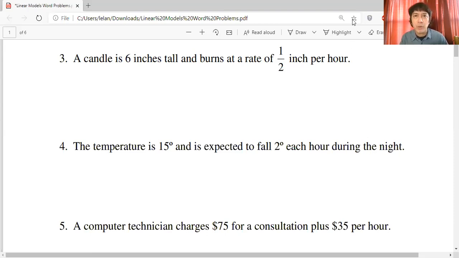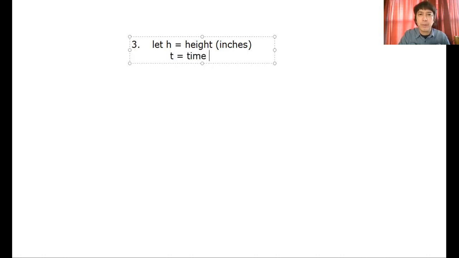So let's continue and go back to our working screen and start the third number. Okay, here's the third number. We start with 3, and then we have the representation of the variables. Let h, that should be our height, and this will be in inches. And the input variable is t, and this will be for a time, and this will still be in hours there.